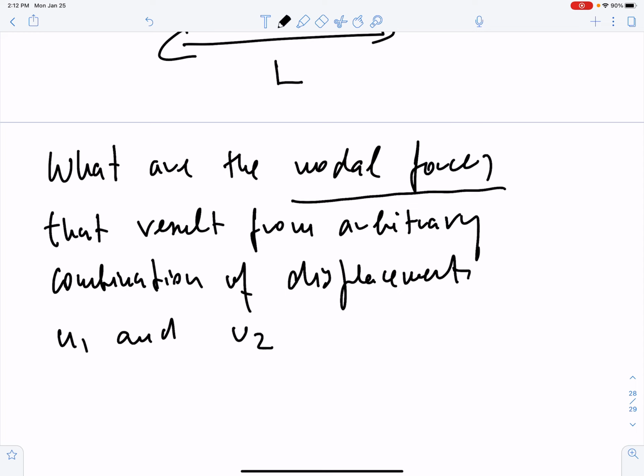So this is a linear differential equation, which means that a superposition principle applies.